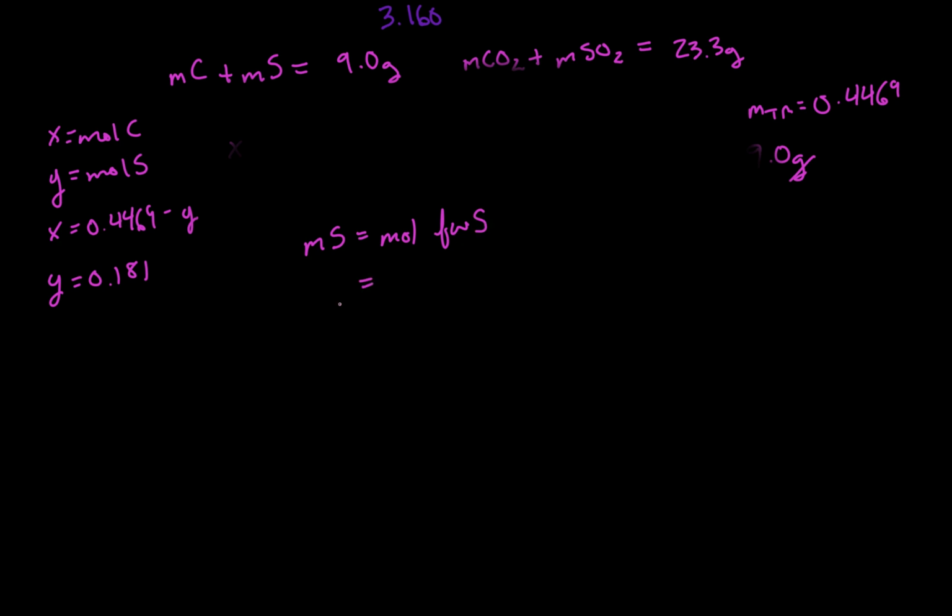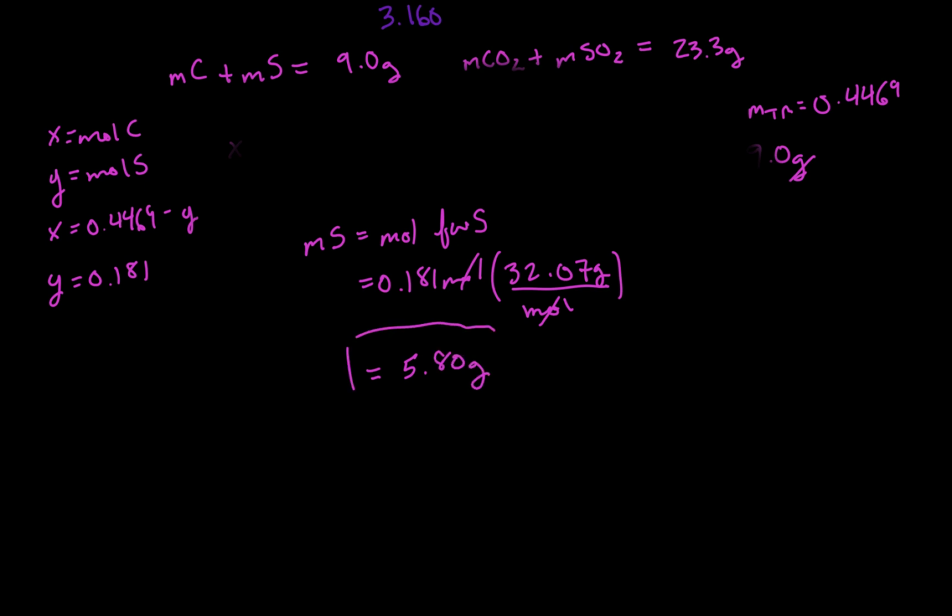All right, moles we just solved for, that was y, 0.181 moles. Formula weight of sulfur is 32.07 grams per mole. You guys are going to have these memorized by the end of this. Moles cancel. We get a result in mass: 5.80 grams of sulfur. And there you have it.